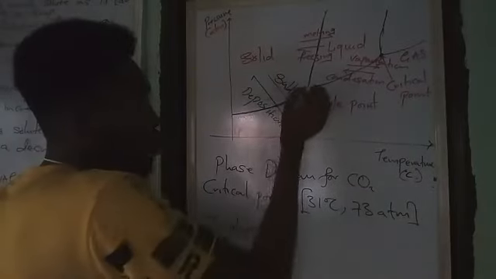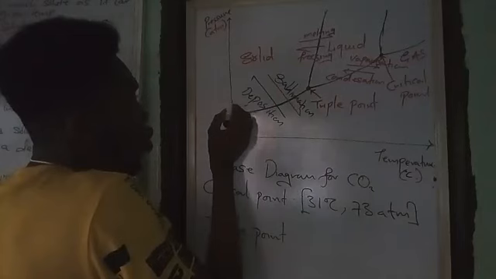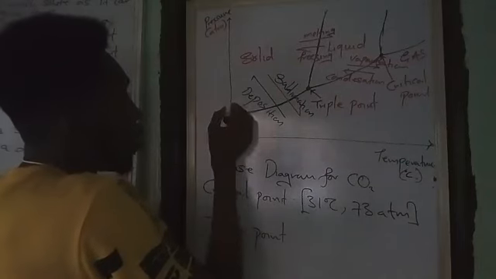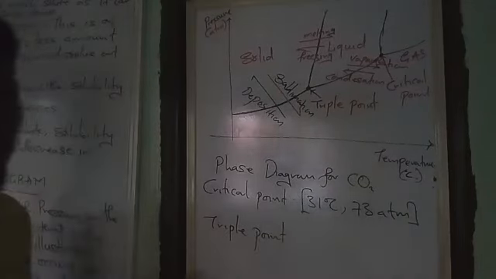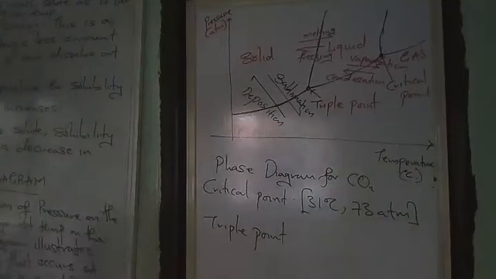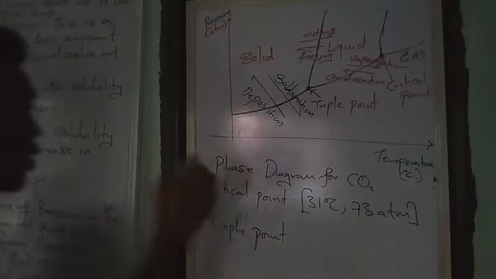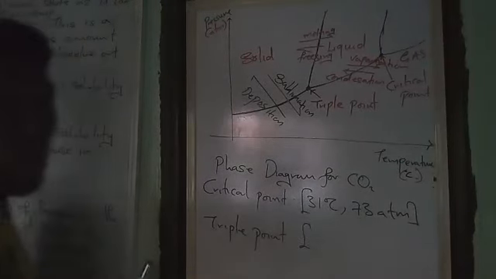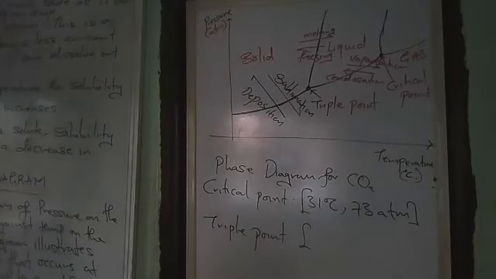Again, normally this triple point is usually below your atmospheric pressure of 1 atm. That's one thing you must know. For CO2, the triple point must have a pressure of 5.1 atm, but a temperature of minus 57 degrees Celsius.